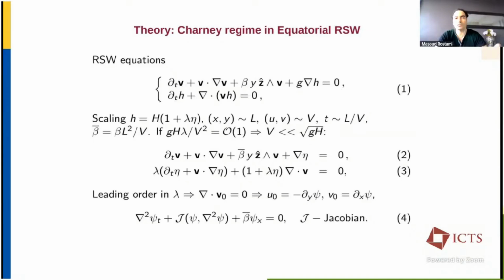Once we are talking about an asymptotic solution, it means that we rewrite the equations in the leading order. As you see, V naught is the leading order or dominant velocity in this system. And the Charney regime tells us that on the equator, the vorticity or potential vorticity is dominant and very important for us.